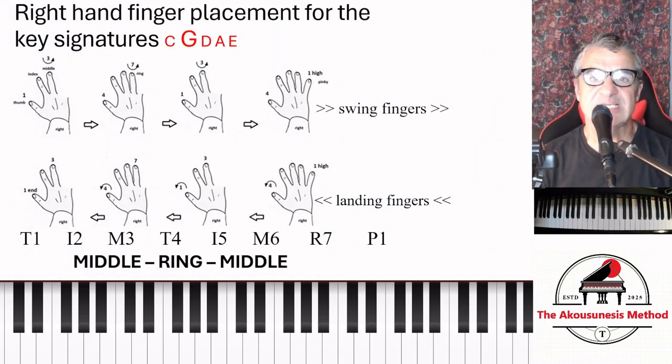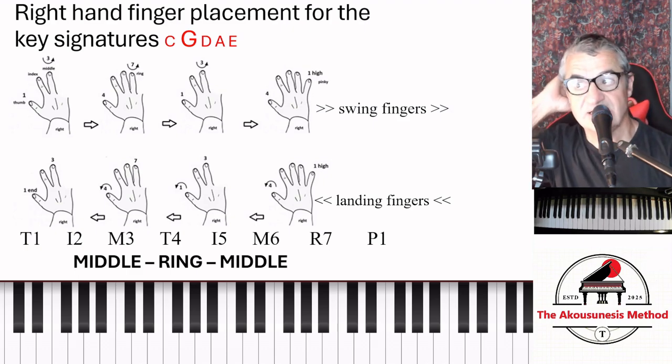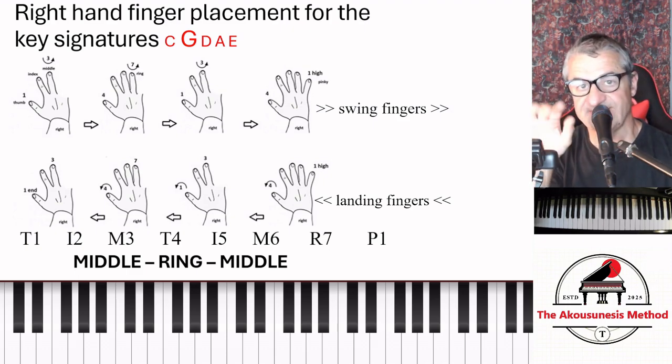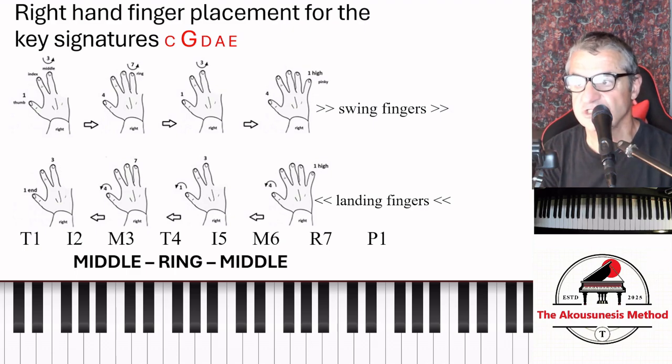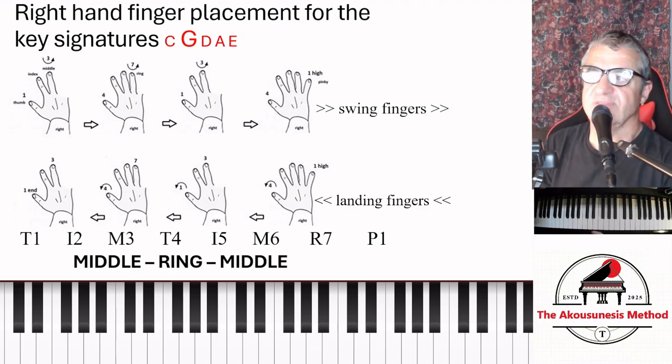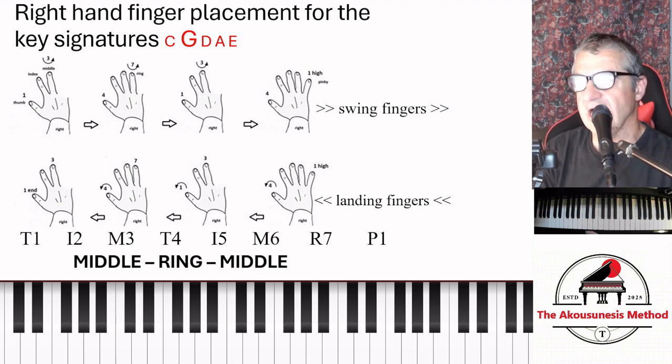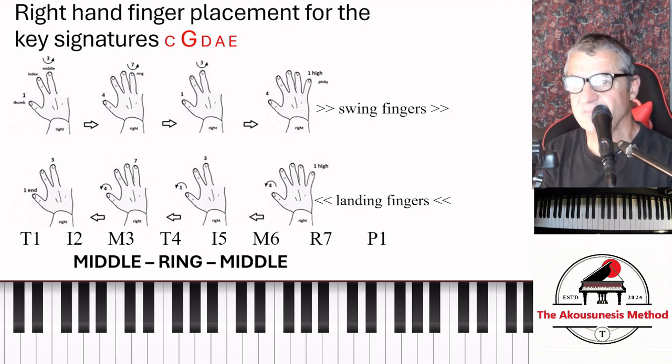Right hand finger placement for the key of G. It's just interesting to note here that this hand placement is the same for C, G, D, A and E. We're just looking at G at the moment. Looking at this diagram, the first thing I want you to realise is the top row of 4 hands is moving up the keyboard.